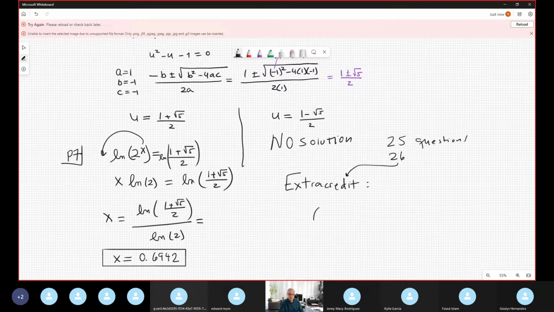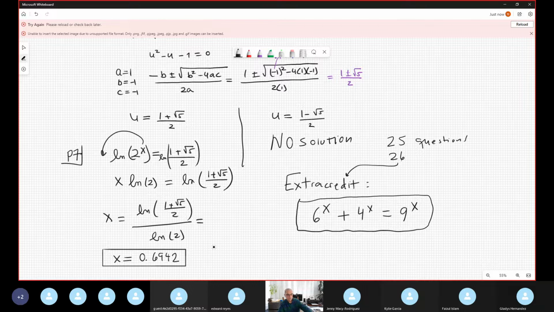This is 6 to the x plus 4 to the x is equal to 9 to the x. Solve for x this equation, using your imagination and your common sense. Okay, cool. If you want to participate, it's 5 points extra, like one extra question.